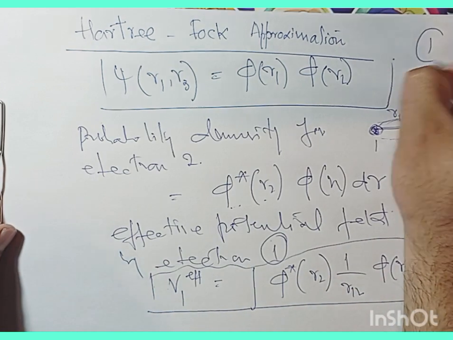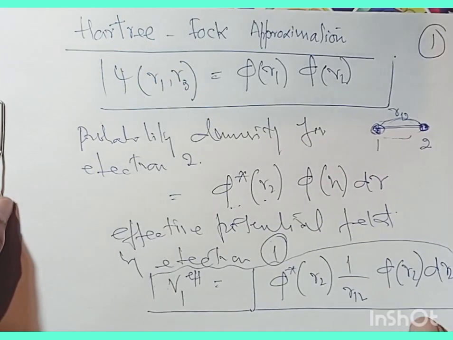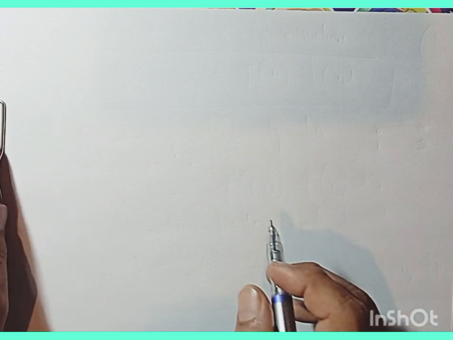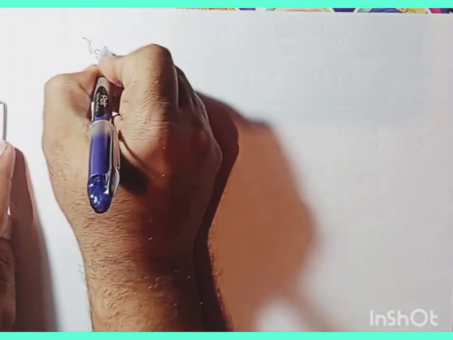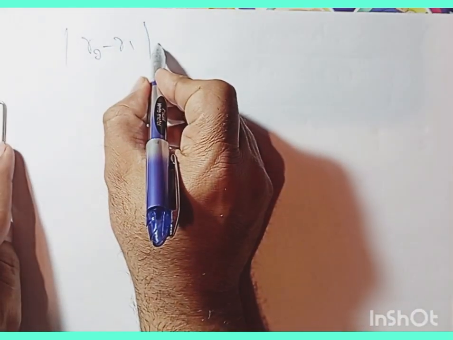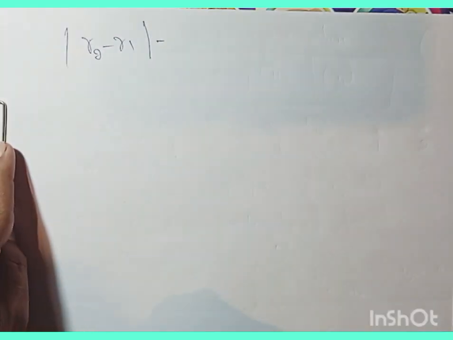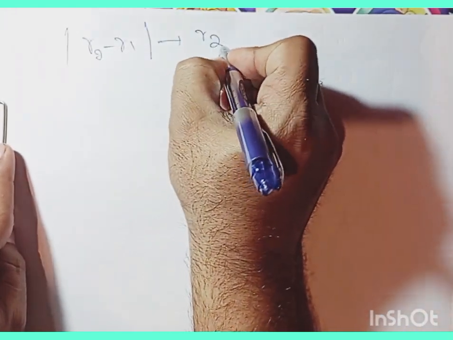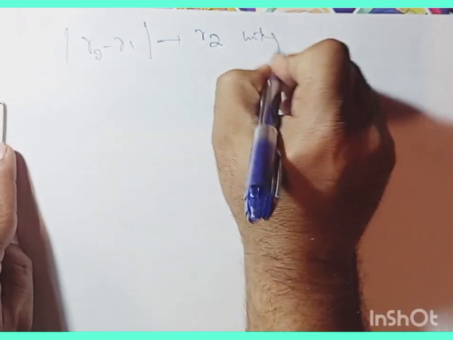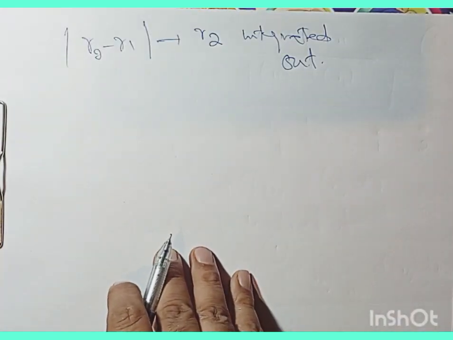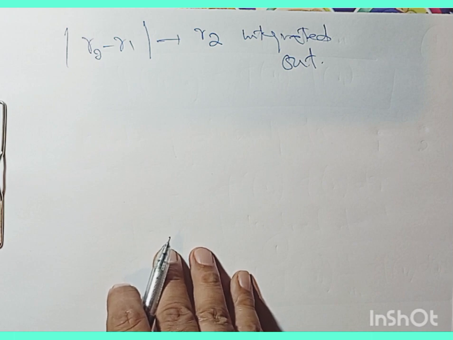What is important here is that this effective potential is only a function of R1, because when we integrate over R2, the R2 is integrated out.